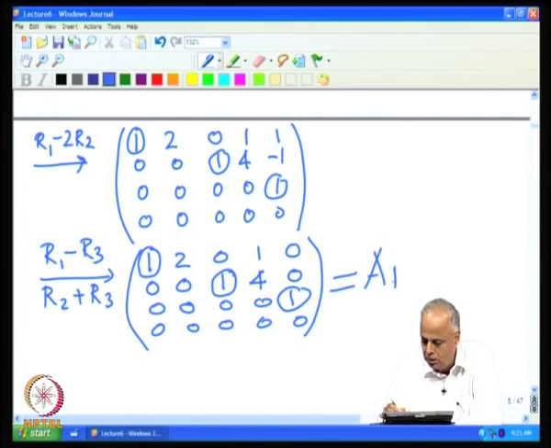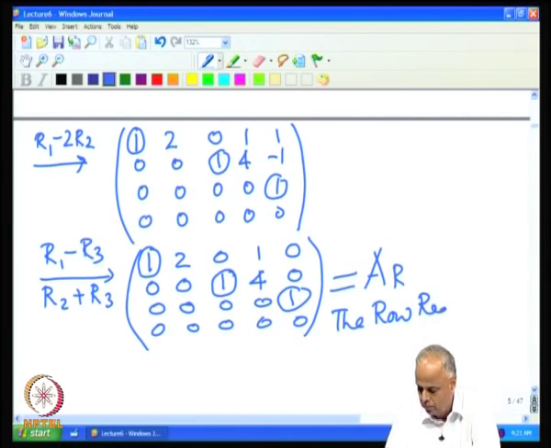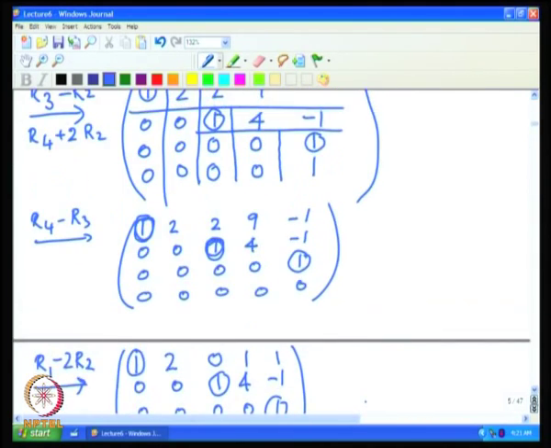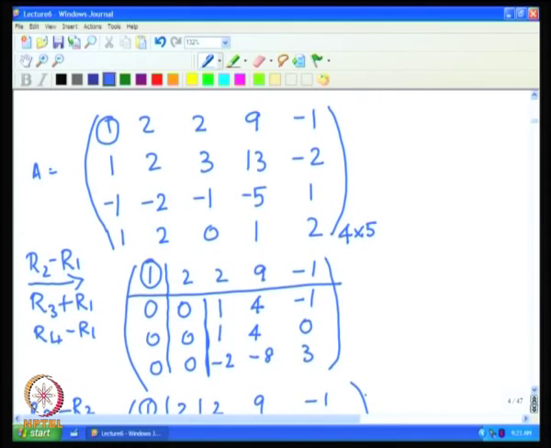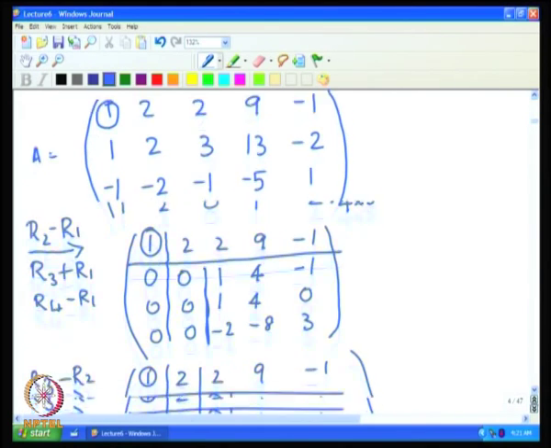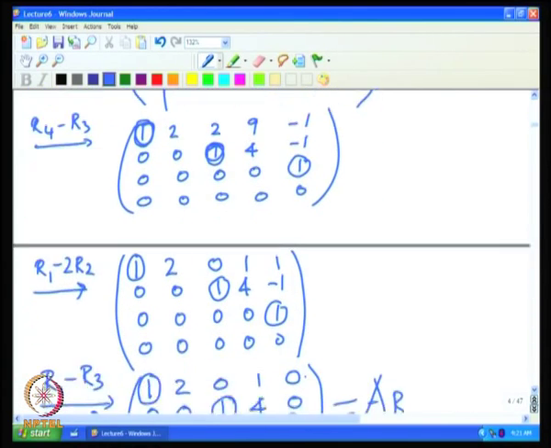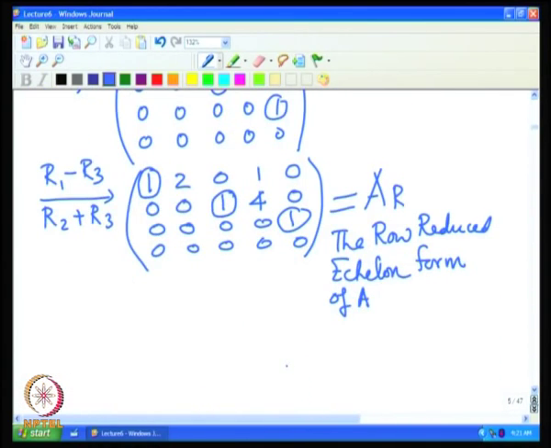This is called the row reduced echelon form of A. Thus, our original matrix, which was a 4 by 5 matrix and was not at all in row reduced echelon form, has now been brought by a sequence of elementary row operations into row reduced echelon form.